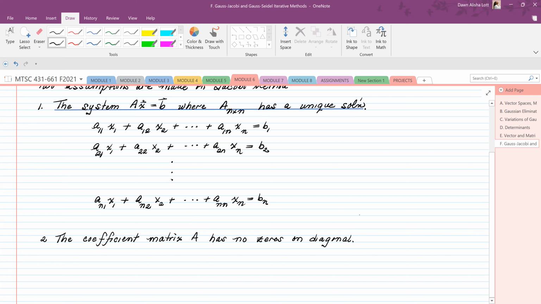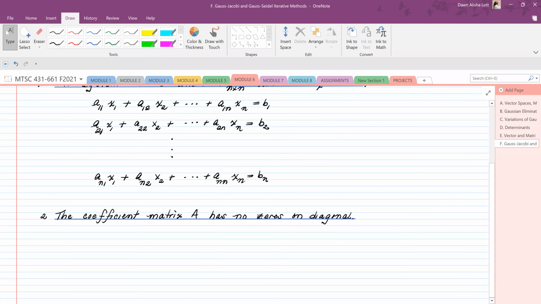Okay, so that's the second major assumption. All right, so now that I have those two assumptions, the idea is that at each stage, we're going to start with an initial guess of what we think our solution is, and then we're going to solve for each thing. So in the first equation, I'm going to get x1.